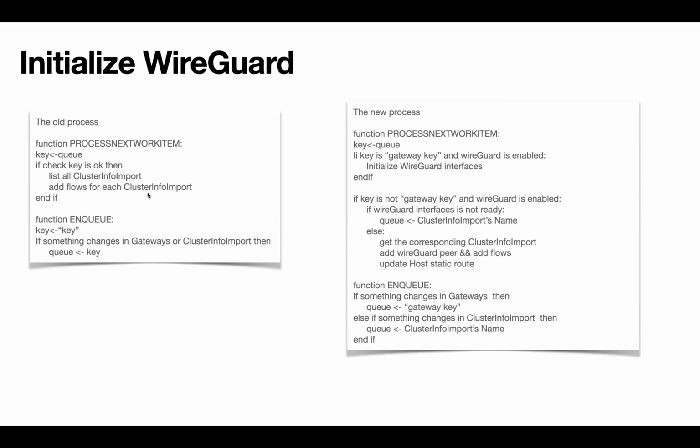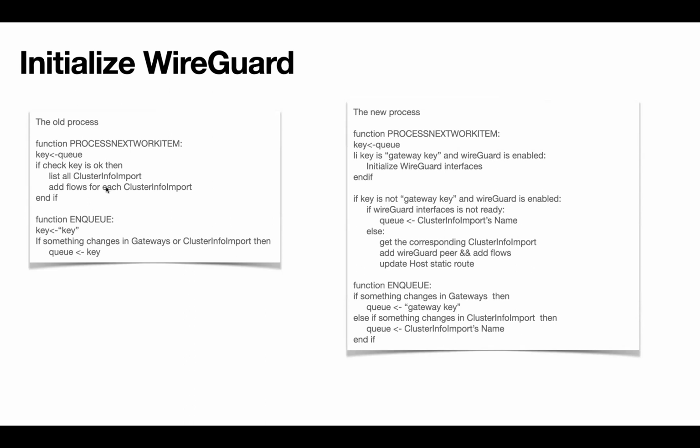It is a Kubernetes controller function. It will try to get the key from the queue, and if the key is okay, the controller will list all the cluster info imports and add flows for each cluster.